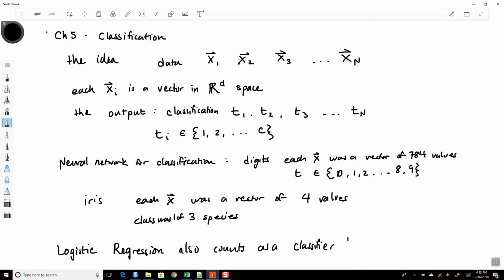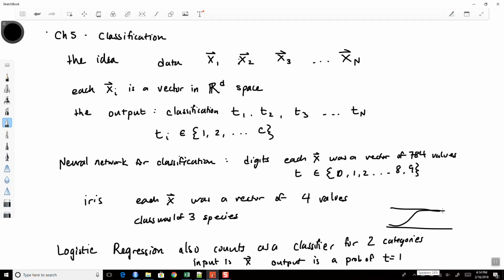For a yes or no. So the input is a vector of x, and the output is a probability of, I guess, t equaling 1 versus t equals 0. Something like that, right? It's the worst picture ever, but... Okay.